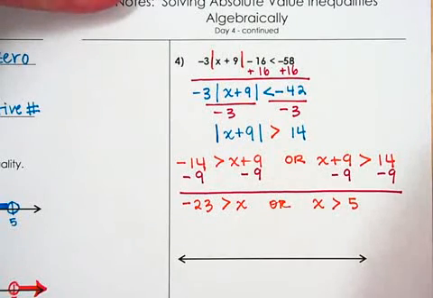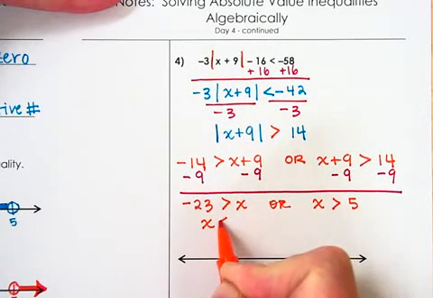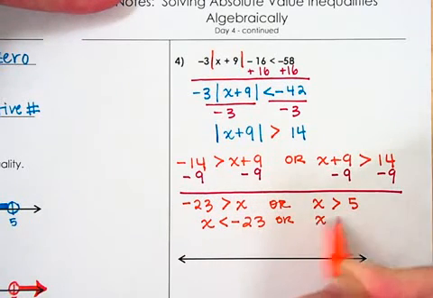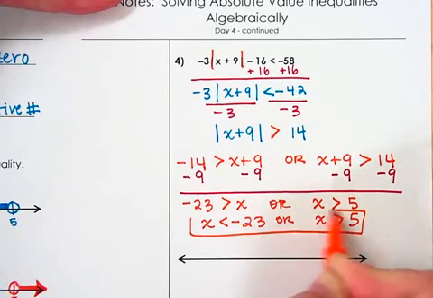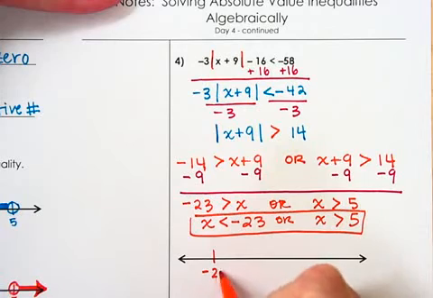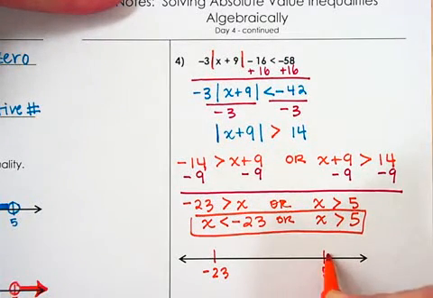And then what helps is to go ahead and switch this one around if it makes you feel better. So x is less than negative 23, or x is greater than 5. So there's our solution. And then we can graph that solution. So I have negative 23. I have positive 5.